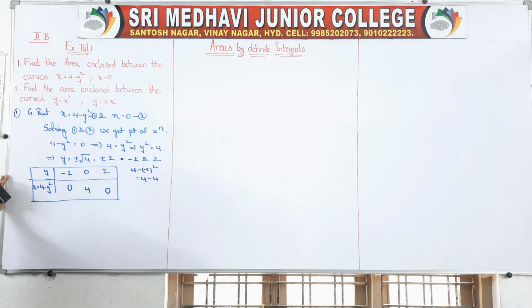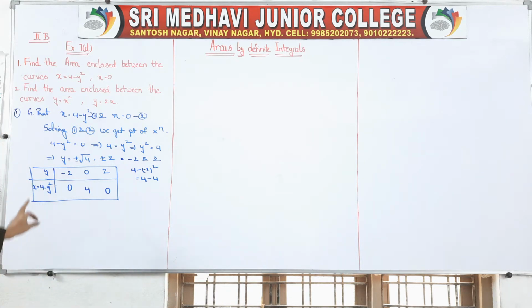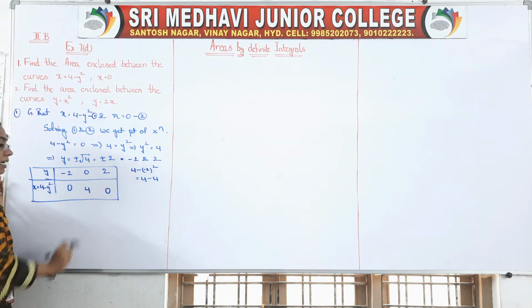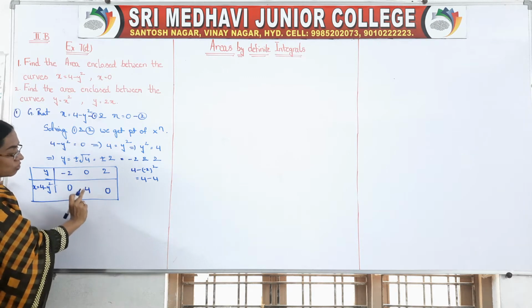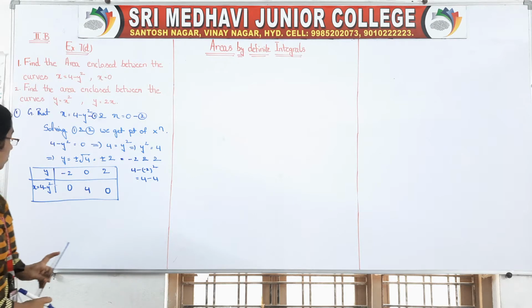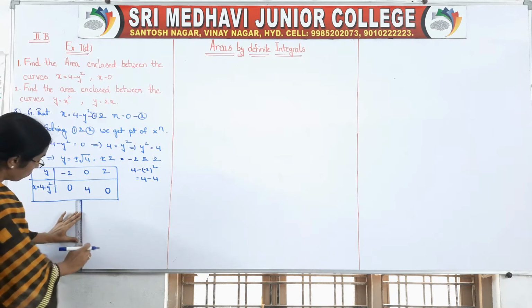So now we have to draw the diagram for this table. If you observe here, on the y-axis minus 2, 2 is there, right? On the x-axis 0, 4, 0. So on the x-axis we are having up to 4.